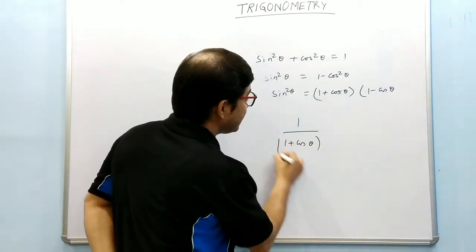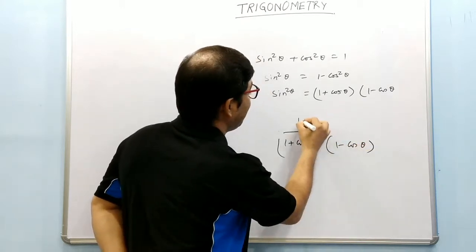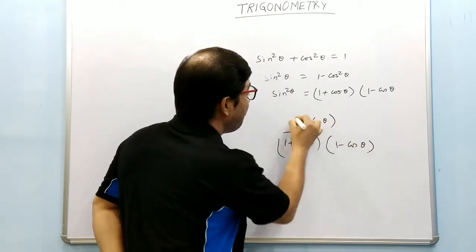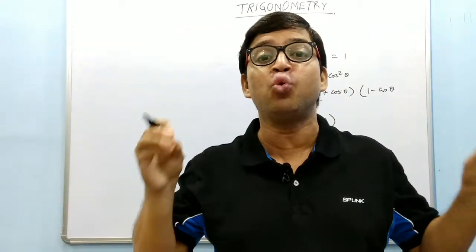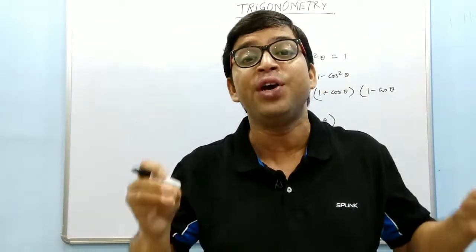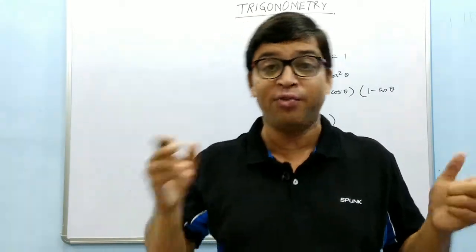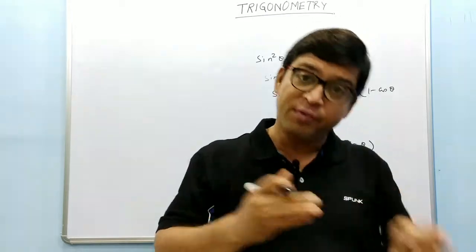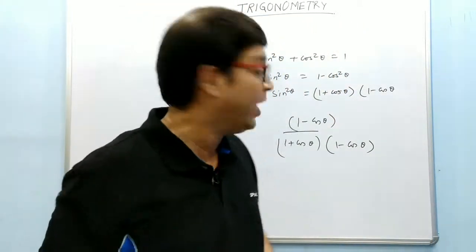So if we just write 1 minus cos theta, 1 minus cos theta here, to balance it out. In mathematics, we cannot do anything extra. We have to make a balance. Whatever we are doing in the denominator, we have to do in the numerator. Whatever we are doing to the LHS, we have to do to the RHS as well.